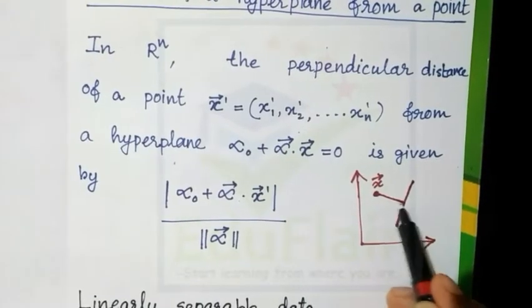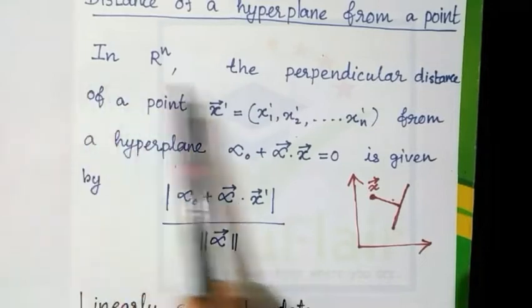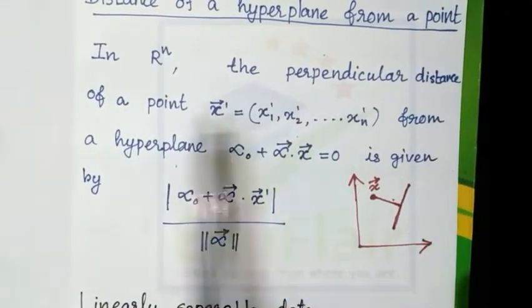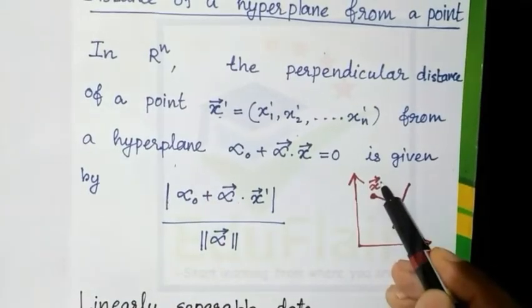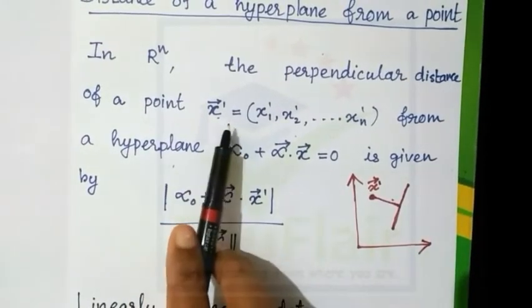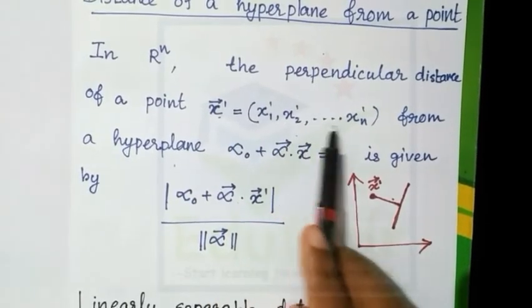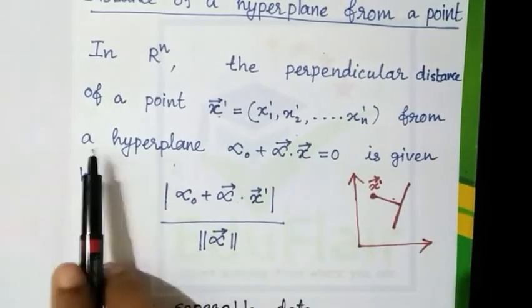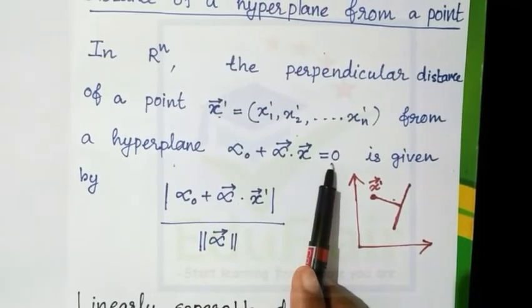So let's see how much this distance is. In R raised to n, the perpendicular distance of a point vector x dash, say vector x dash is equal to x1 dash comma x2 dash etc xn dash, from a hyperplane alpha 0 plus vector alpha dot vector x is equal to 0.